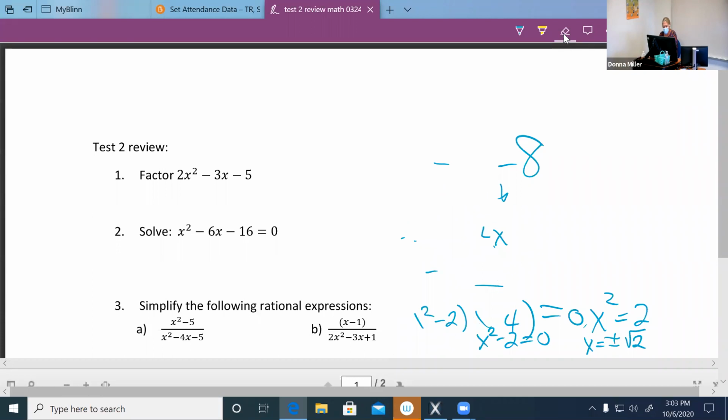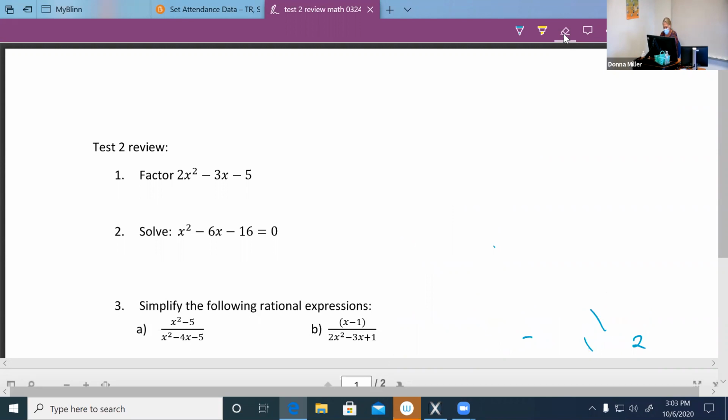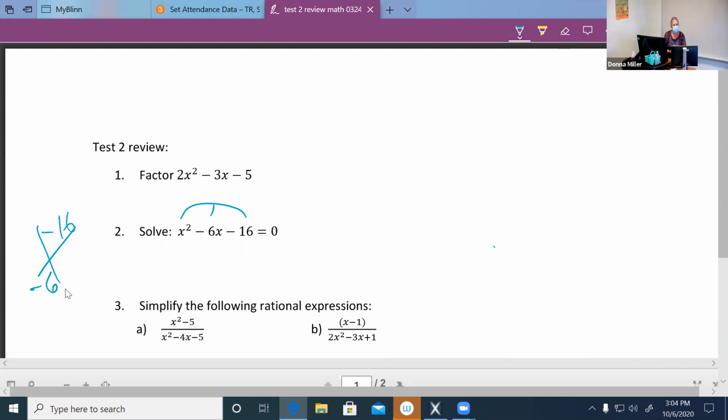All right, so solving something that equals 0, if it's not just regular old x, it's got an x squared, we have to factor. Right? So I need factors of -16 that add to -6. So you guys tell me what they are. 8 and -2. Close. What's wrong with that? -8 and positive 2 is going to give me the -6.